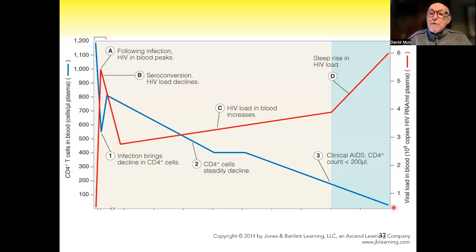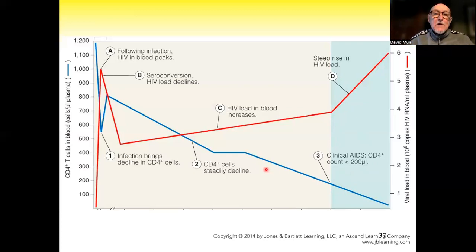And indeed, most people who die of AIDS die not as a result of the virus itself, but as a result of all of these secondary infections, secondary conditions, because they lose their ability also to fight tumors and things like that as well. The collapse of an immune system is catastrophic.